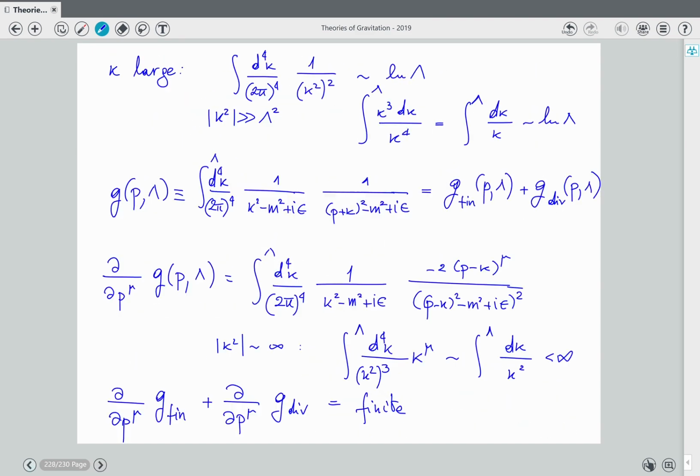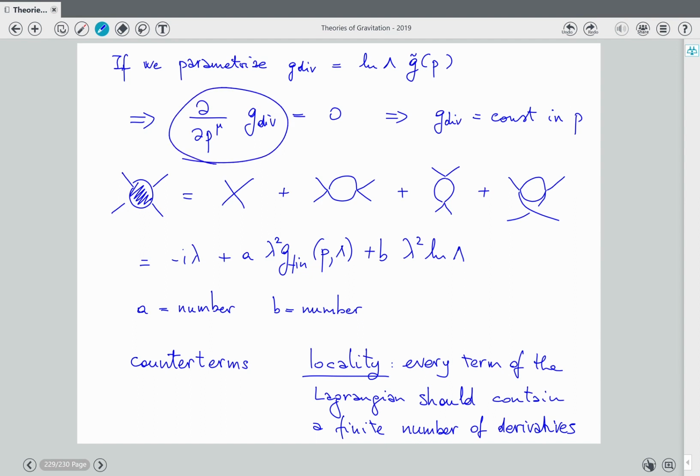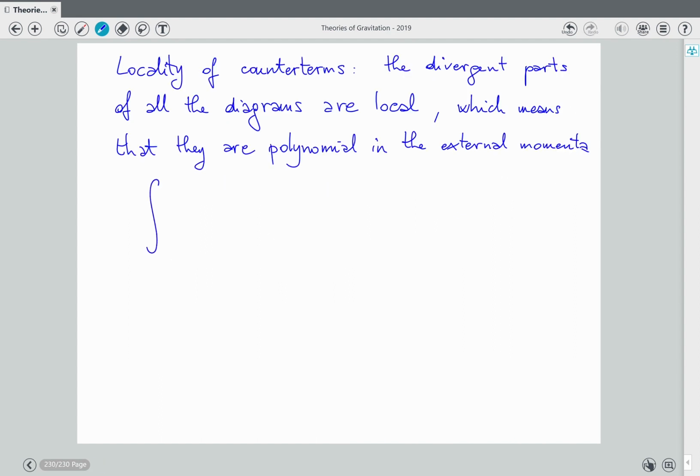For example, in this case, this integral has a divergent part which is a polynomial of degree 0. It's a constant. But in general, you can repeat the argument and you can check that the divergent part is killed by a sufficient number of derivatives, not necessarily one. And something that's killed by a sufficient number of derivatives is a polynomial. Why? Because the integrals are always rational functions.